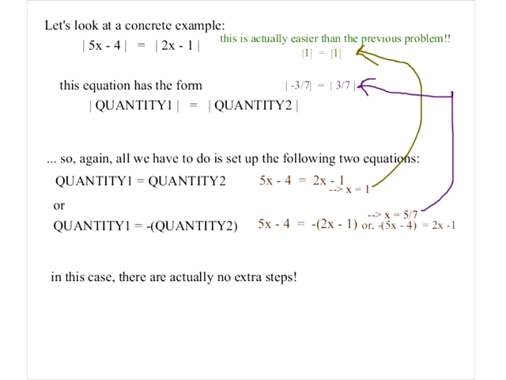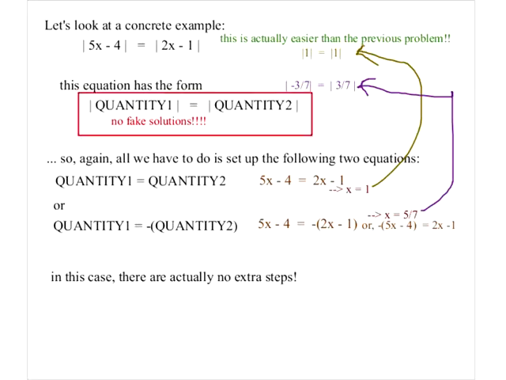But since they're both enclosed in absolute value bars, we're fine this time. These are both going to work. If you have this form, you're not going to have any fake solutions at all. This is very nice. We like this. No fake solutions for this form.